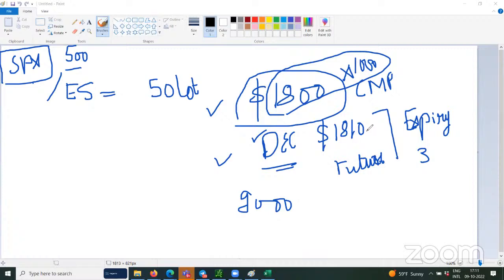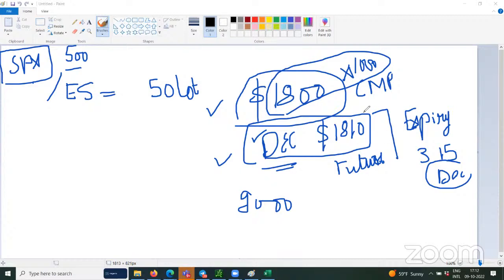A simple definition: you're buying a contract that if on, let's say, December 15, I'm just taking a random date, this future expiring, you are ready to buy this gold at $1,810. Maybe the price is going to 1,900 on 15 December. You don't know. At this moment, you are buying at 1810 and fixing your price for the future.